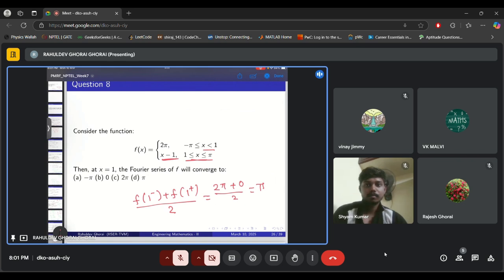But the function value, you see, f of 1 is 0. So the Fourier series will mainly converge to the average of the right limit and left limit, and then you divide by 2.